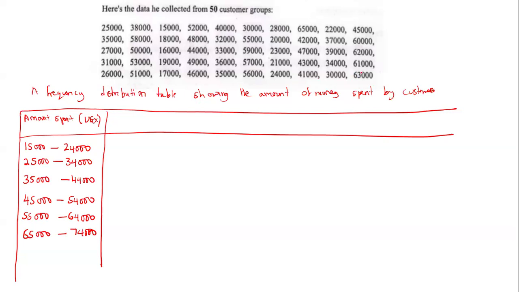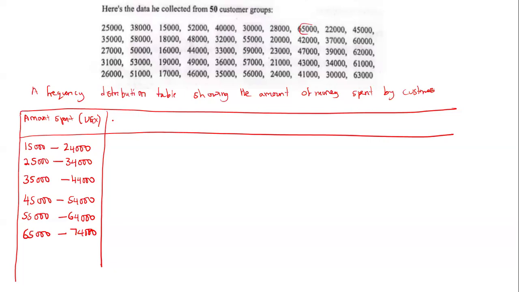I think the biggest amount I'm seeing is around 60. What is the biggest now here? 63, 59. Okay, I'm seeing 66. But we have 65 here, so that's why we had to go up there.